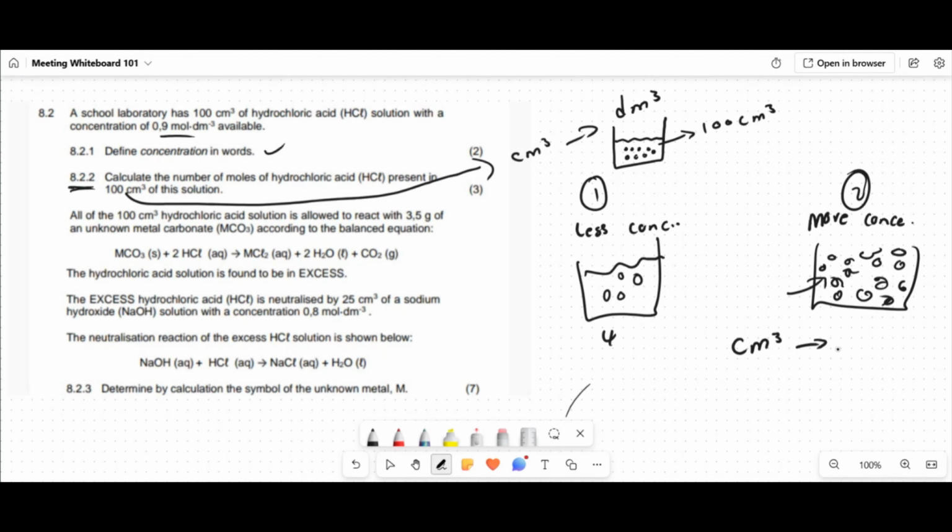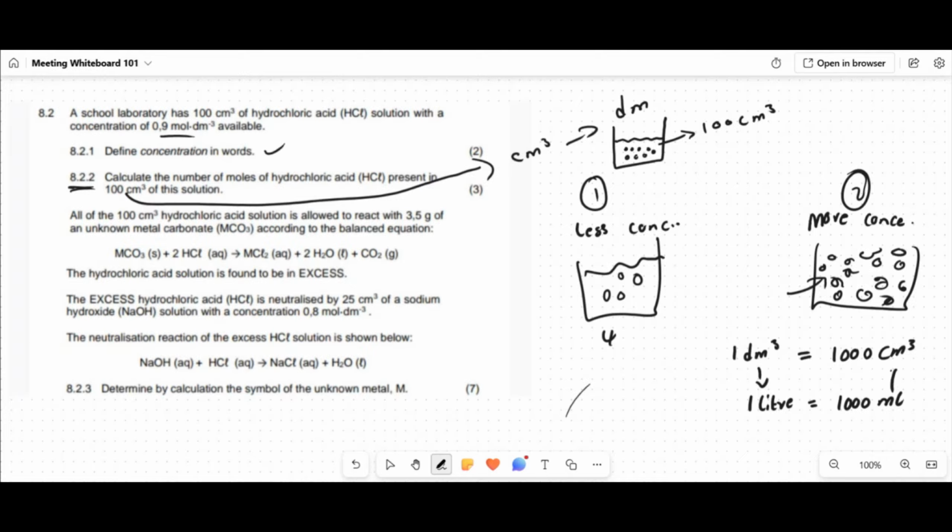The conversion that you need to know is that 1 dm cube is equal to 1000 cubic centimeter, and 1 dm cube is also equal to 1 liter, which means 1 liter is equal to 1000 milliliter, which means cubic centimeter and milliliter are equal. Those conversions are what you're going to work with.